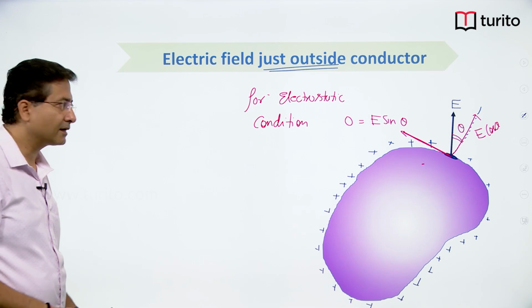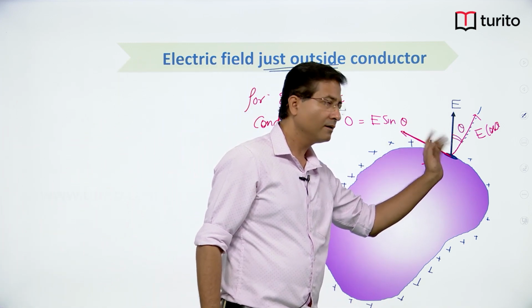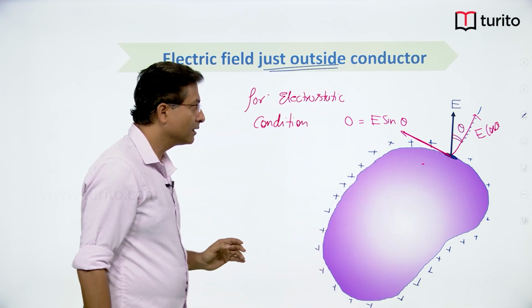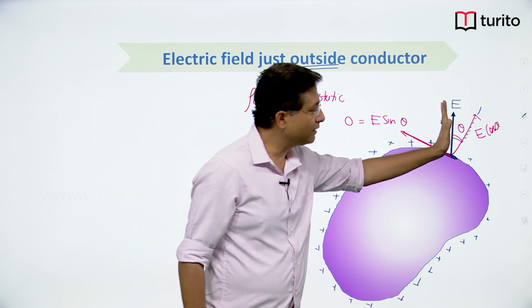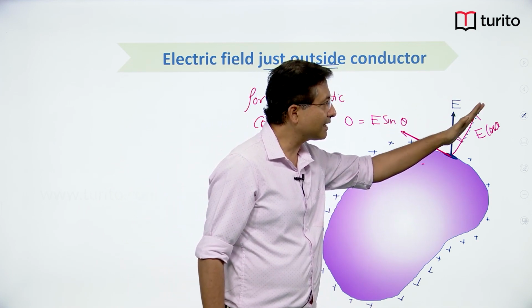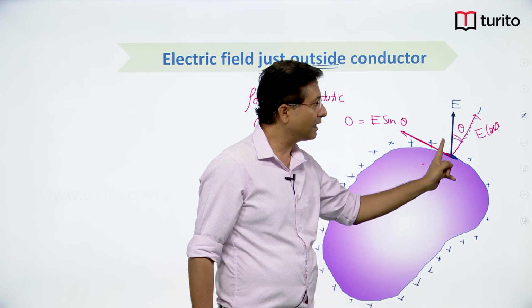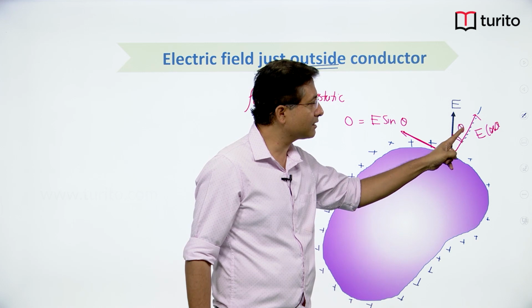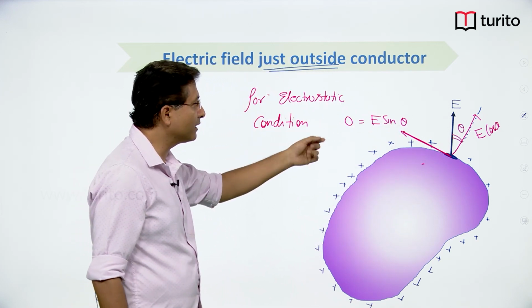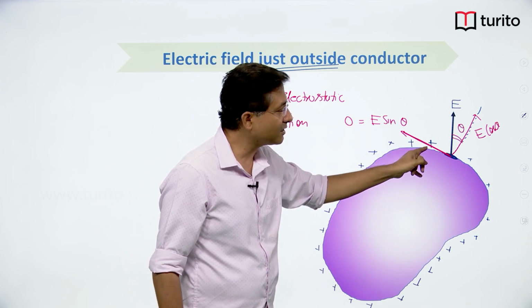If electrostatic condition is achieved, there should not be any component tangent to the surface of the conductor, that means this component has to be 0. If this field is not having any component in this direction, that means this field is exactly along the normal to the conductor. It will have two components if it is like this, one in this direction, another in this direction. From simple reasoning we have concluded that the component of the field along the tangential direction has to be 0.